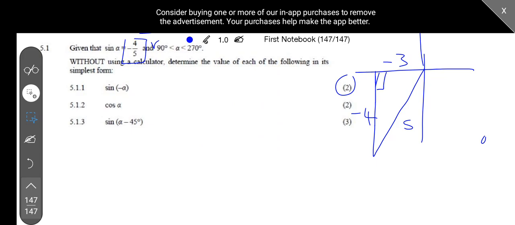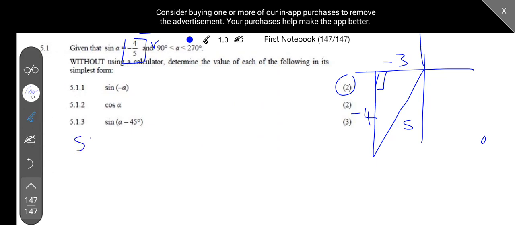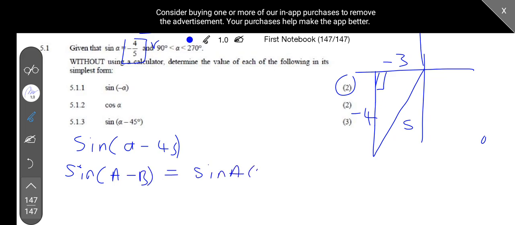Then now let's do the last one. Sine of a minus 45. Well, in this case, you have to expand this. We said that in one of the lessons, sine a minus b is equal to sine a cos b minus cos a sine b. Okay?